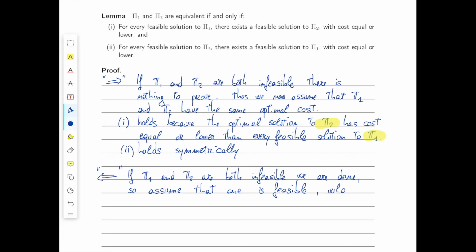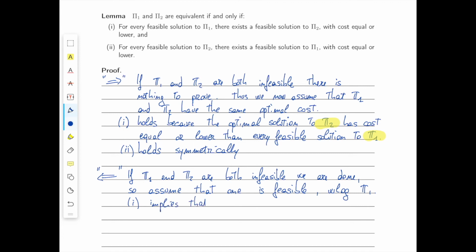Without loss of generality, pi1. So the first thing to notice is that also pi2 then will be feasible. And this is because of condition 1 that says for every feasible solution to pi1, there exists a feasible solution to pi2 that satisfies some condition. So in particular, it tells me that there exists also a feasible solution to pi2, and so pi2 is also a feasible problem.